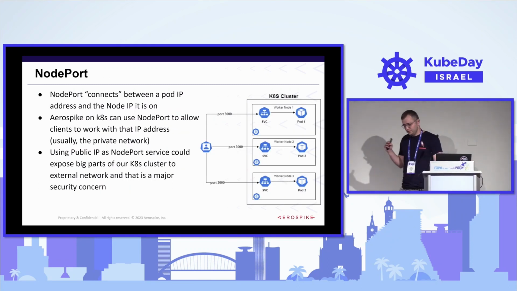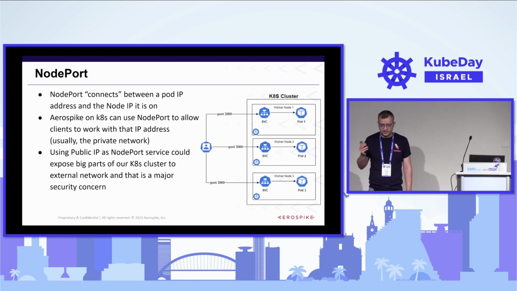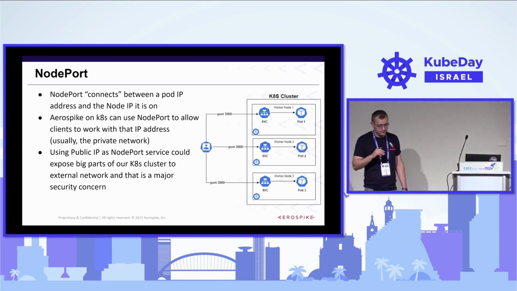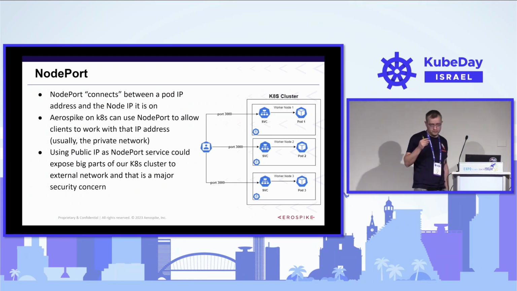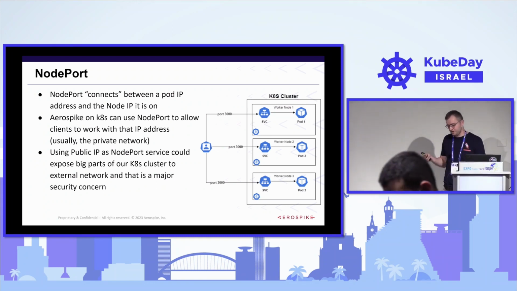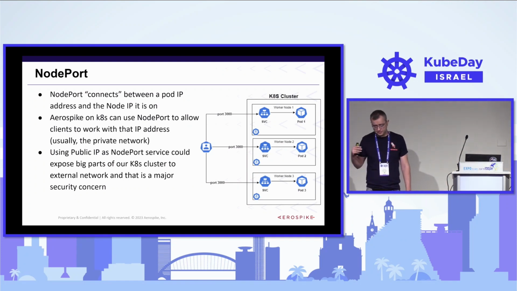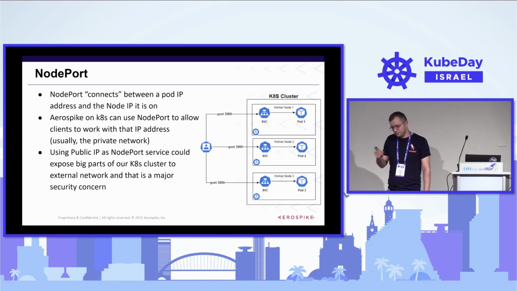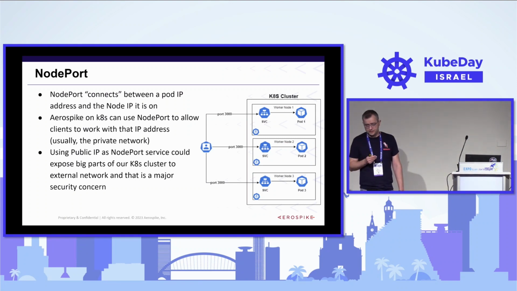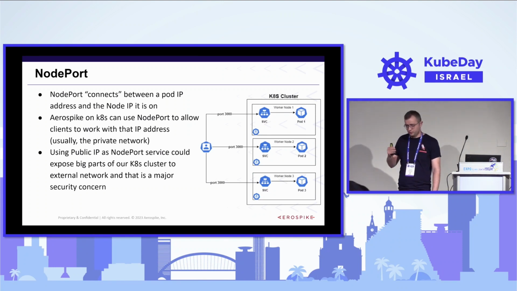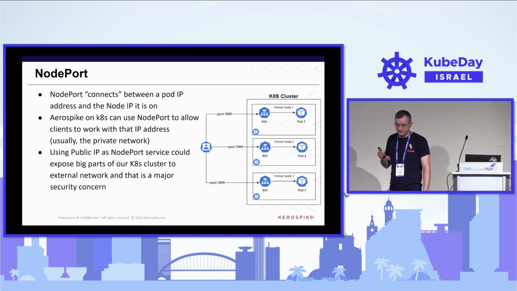So let's talk a little bit about Kubernetes and what kind of networking models we have there. The simplest one is pod-to-pod communication. If you have an application that runs on Kubernetes that wants to interact with another application that runs on the same Kubernetes cluster, there are not many restrictions there, even though you may put some network policies there that may restrict that.